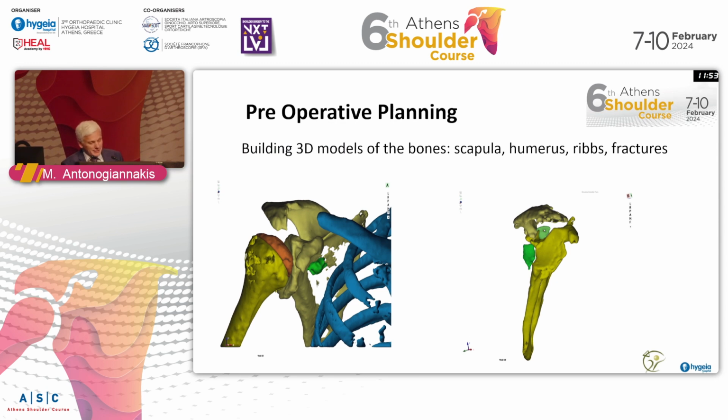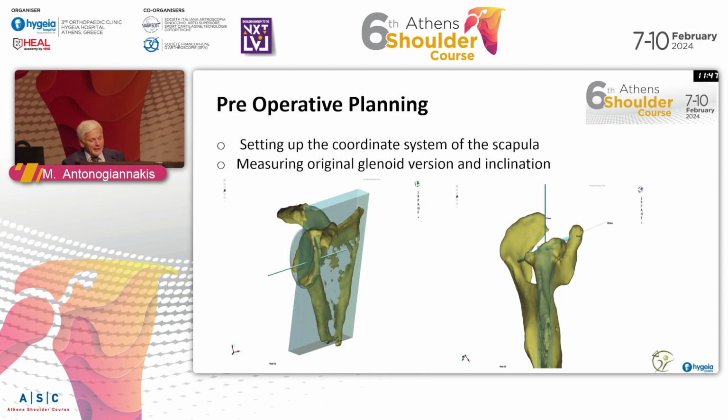So we started planning and doing anything we could do in virtual reality. And then we started realizing that what we believed to be absolutely accurate was not absolutely accurate. So we made the planning, and then we put the same DICOM files into another software from another company, and then the reply was different.